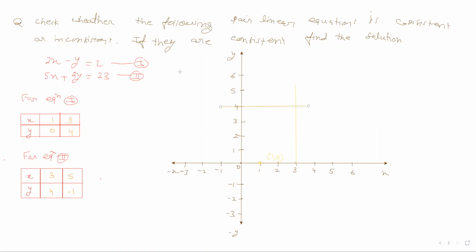Now we get a point that is the intersection point of (3,4). Okay, this one. Now the next point is done.